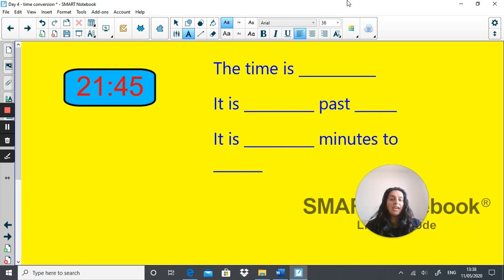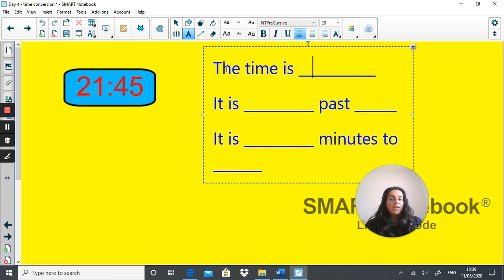So here we have a time in the 24-hour clock version, and here I want you to write it down as the 12-hour version. So 21:45. The time is what? It's something past something, or it is something minutes to something. Off you go. So how do I convert the 21 into the 12-hour time? Rather than adding 12, I take away 12.